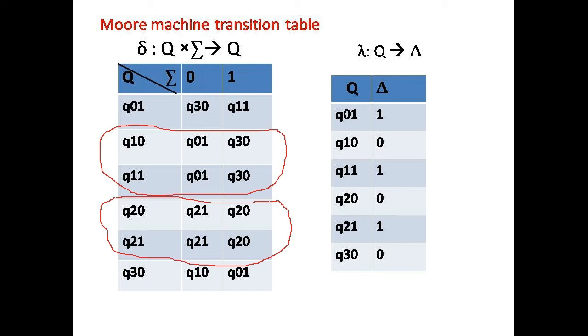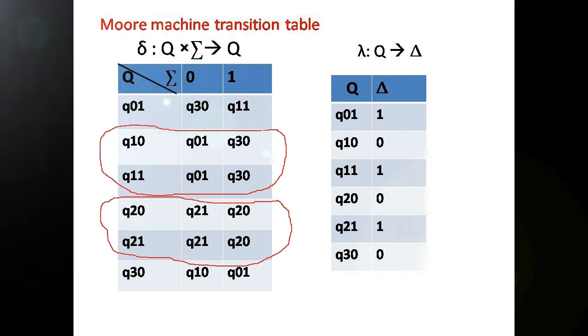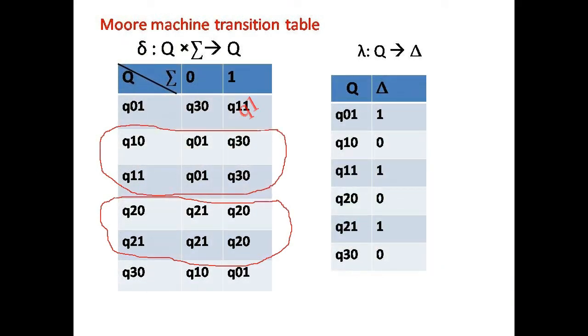In the Mealy machine function table, Q1 on input symbol 0 goes to Q3 and produces the output 0. And on input symbol 1, it goes to Q1 and produces the output 1.